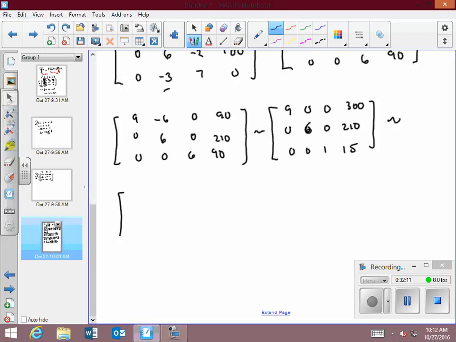I'm going to divide the top row by 9. 1, 0, 0, 9, 18, 27, 3, and that's 30. So it's 33 and 1/3, right? Divide this row by 6. 1, 3, 5, 0, 0, 1, 15.